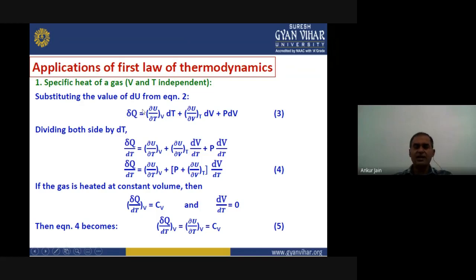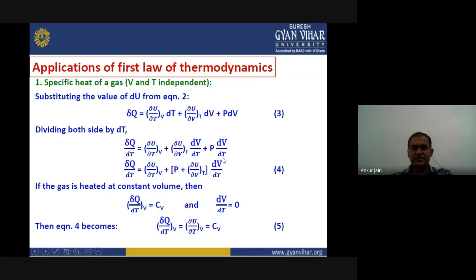Now if we divide both sides by dT, we are taking this dT in the denominator of the left hand side. So del Q upon dT equals del U upon del T at constant volume plus del U upon del V at constant temperature into dV upon dT plus P into dV upon dT, right?